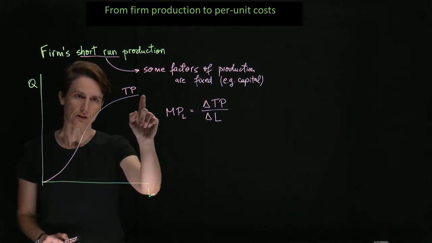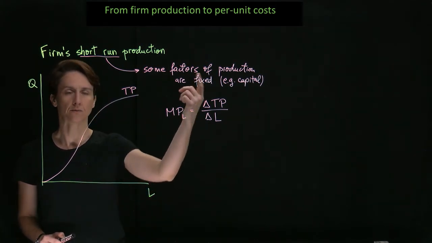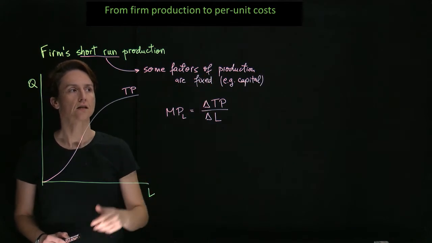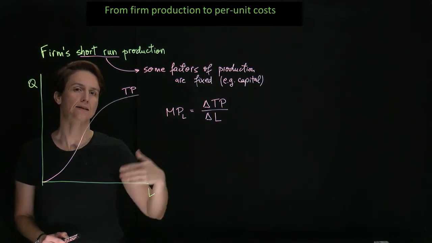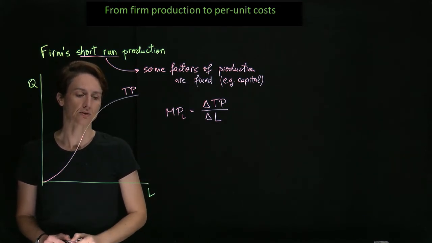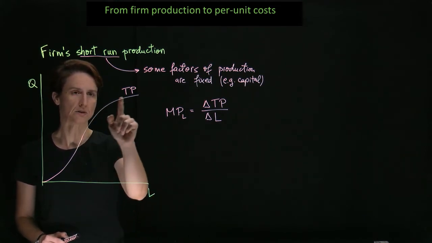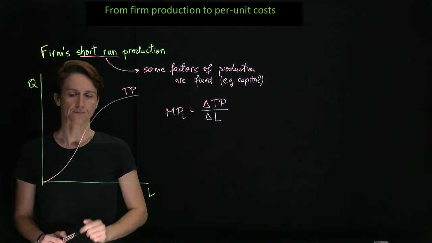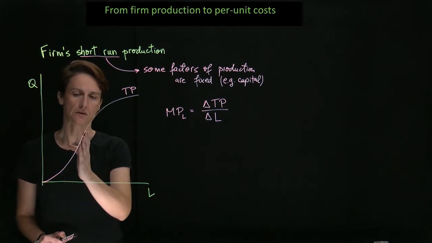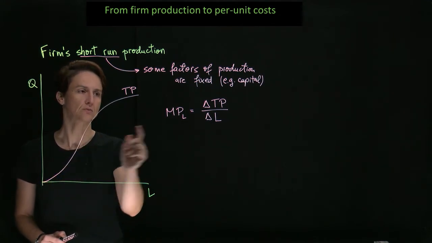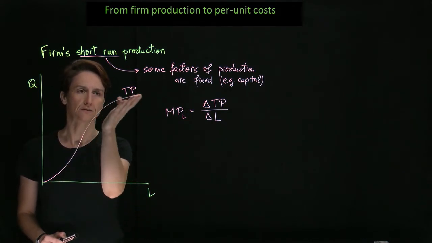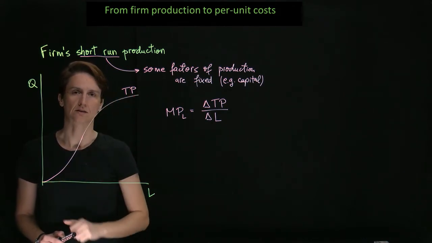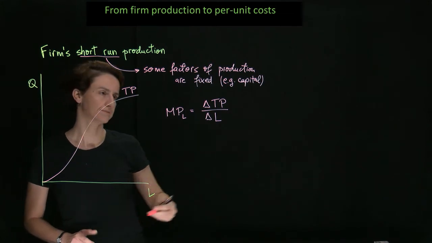However, eventually, given that some factors of production are fixed, as you add more workers, they're able to add less and less to extra output, and so we can expect there to be diminishing marginal returns. So when the slope is getting steeper, that means that the marginal product of labor is increasing. When the slope is getting flatter, that means that the marginal product of labor is decreasing.